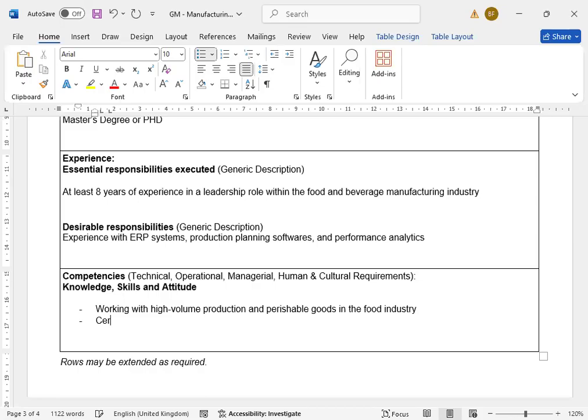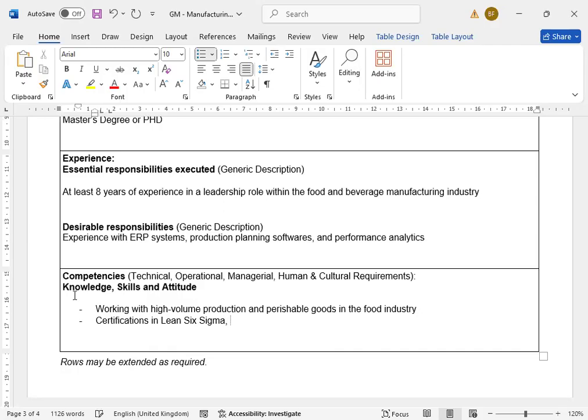I would also add certifications in Lean Six Sigma. You know the DMAIC, DMAIC is also part of Six Sigma.